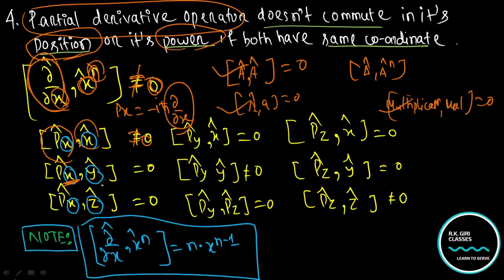But pxy is 0, pxz is 0, because these are different coordinates, yx is 0, and similarly yz is 0, but yy is not 0, zx is 0, zy is 0, zz is not 0. You have to remember this, okay?